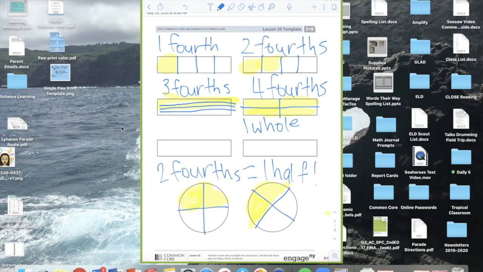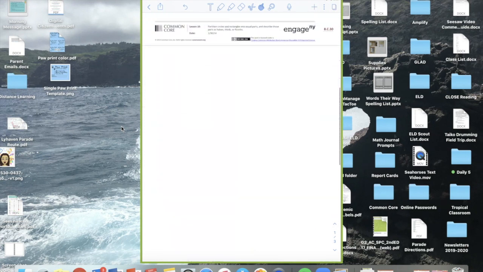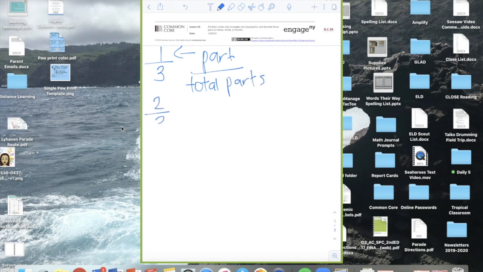Okay? Now, let's take a look at how to write these fractions. Okay? So 1/3, you would write it like this because it's 1 part out of 3 total parts. That's how you read a fraction. 2/3 would look like this. 3/3 would look like this, or you could write just 1 whole.